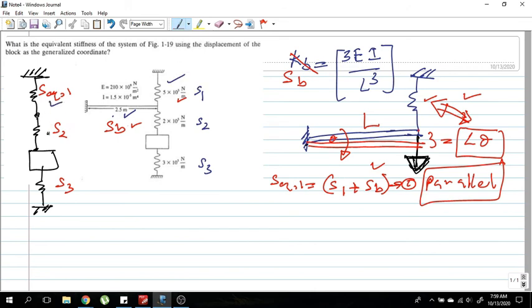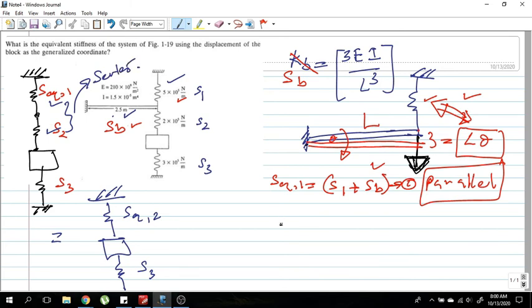These two springs are in series arrangement, so we can further simplify this as a two spring system like this. Here you have S3 and here you have SEQ2.